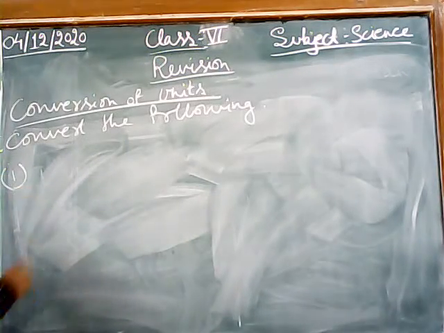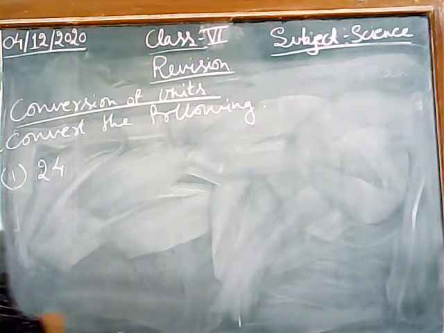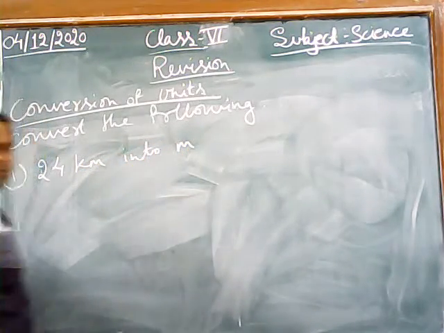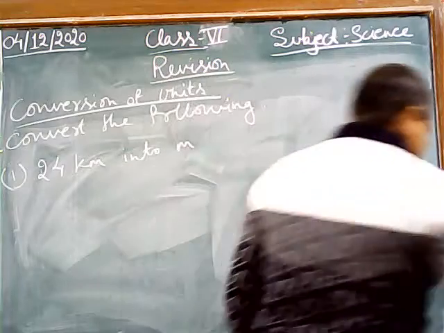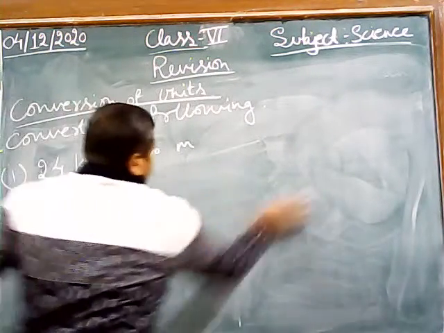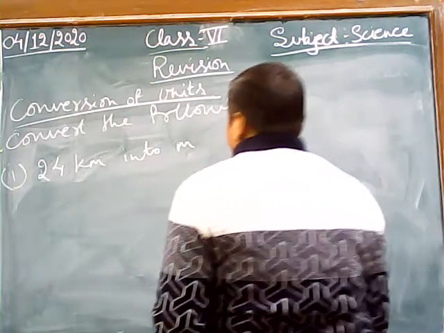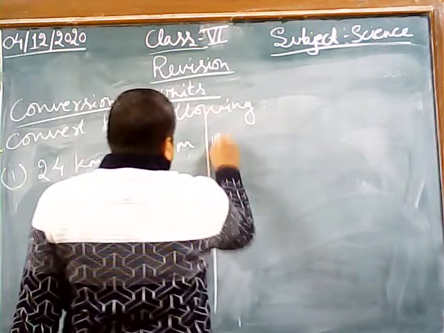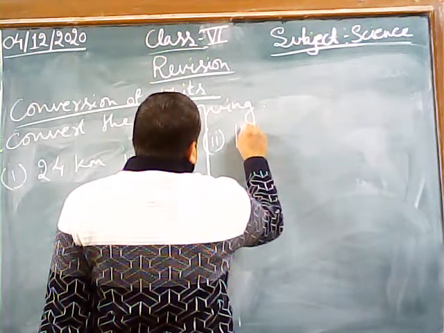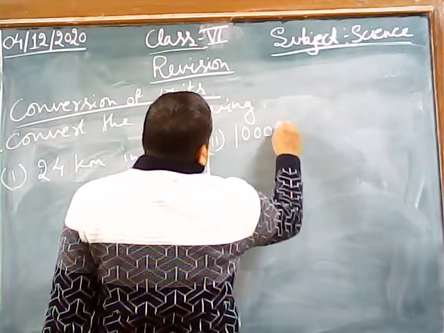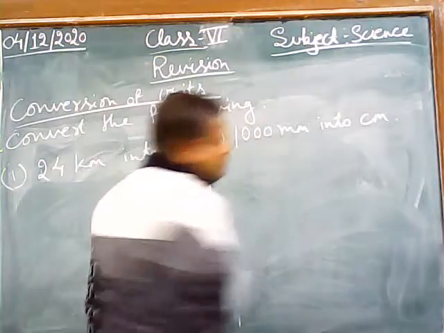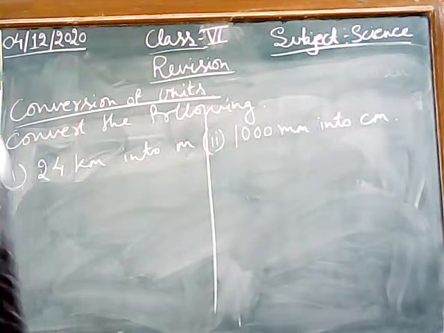First, convert 24 kilometer into meter. Then second one, 100 millimeter into centimeter and 1000 millimeter into centimeter.